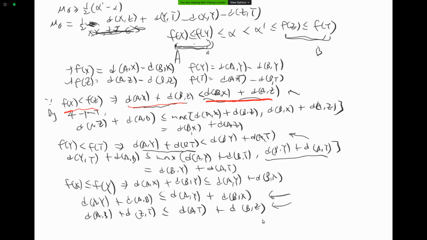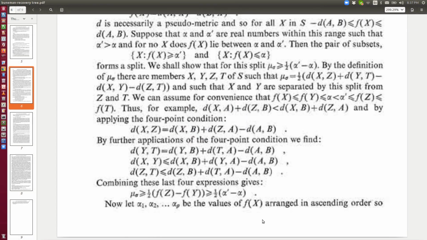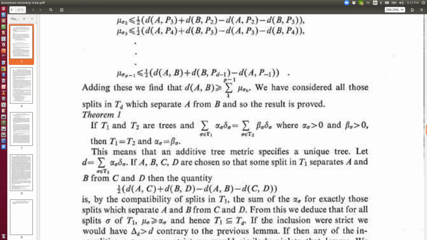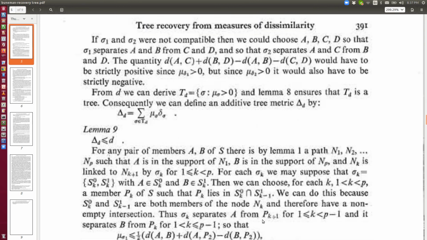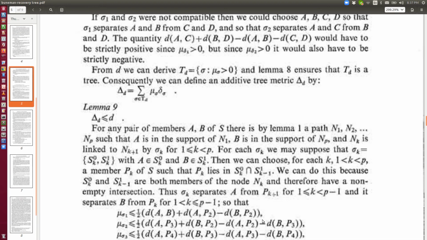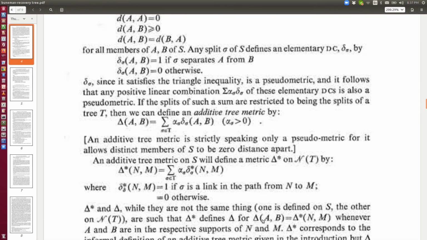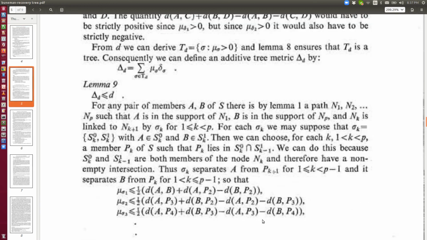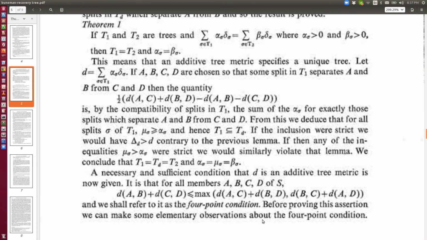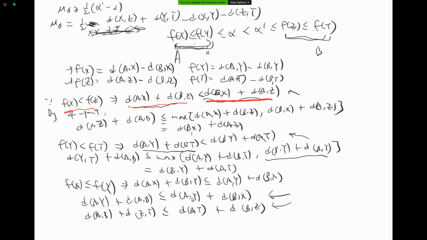But because the 4-point condition is an inequality, I believe, at least it's what is defined in the paper there. Yeah, the 4-point condition here is assuming an inequality. So if we assume the inequality, then this is really a less than or equal to instead of an equal to.